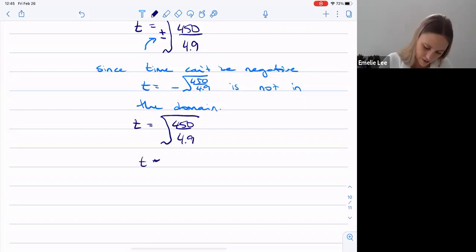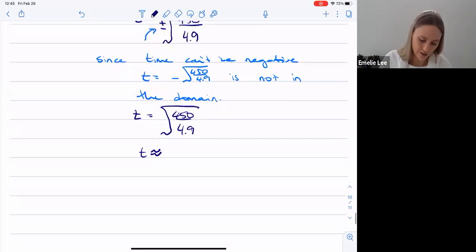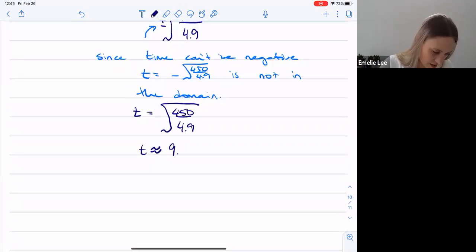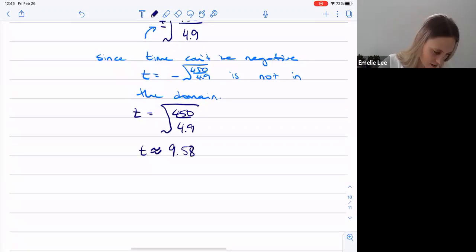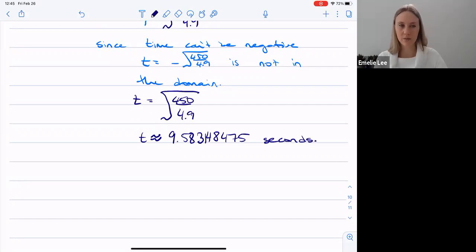Which I've got it calculated out here, because we'll use a decimal approximation. You could absolutely use the exact value, doesn't really matter, but I shouldn't say it doesn't matter, it matters, but in these circumstances, it doesn't matter. 9.58314 8475 seconds, because time was in seconds, meters per second, right?